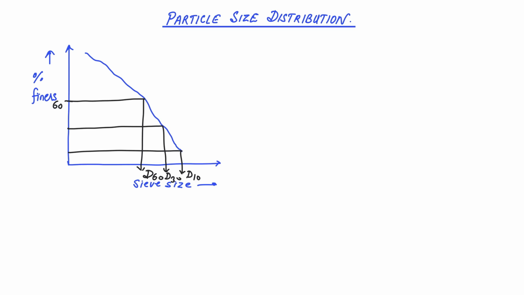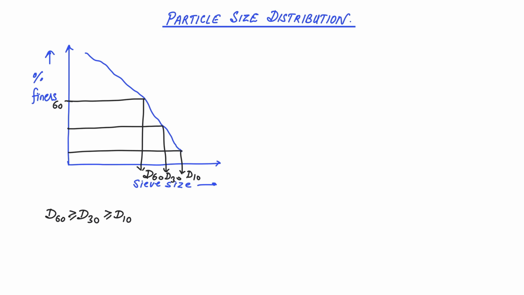We have also studied that D60 is always more than D30, and D30 is more than D10. Yes, all these three can be equal, and equal only if the soil is a uniformly graded soil.